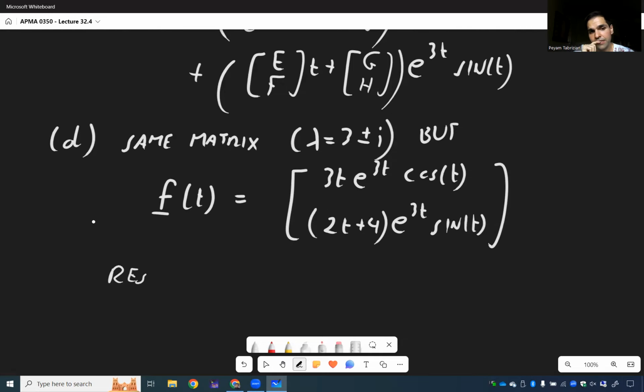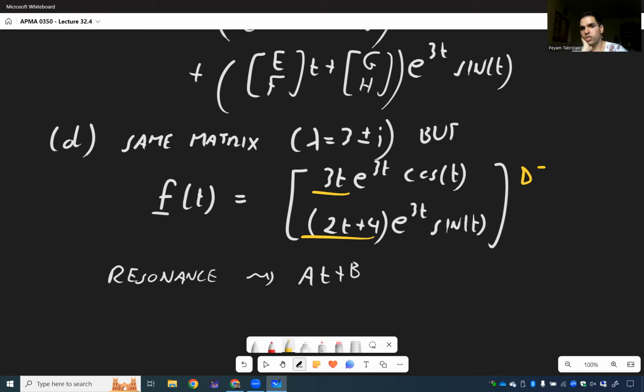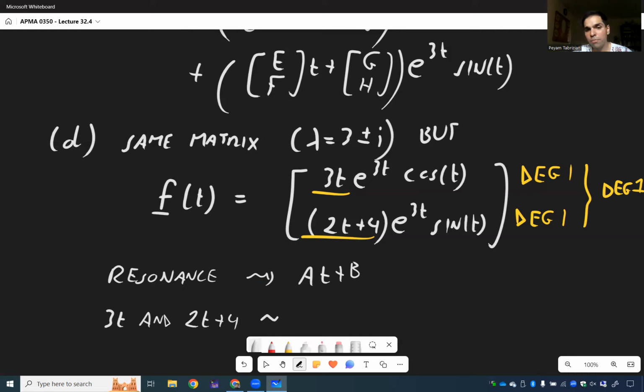We have resonance, which usually gives you At plus B. But also here we have polynomials, which are degree 1, and so you have something of degree 1. So this 3t and 2t plus 4 would become another At plus B. And if you multiply this, you get something quadratic.